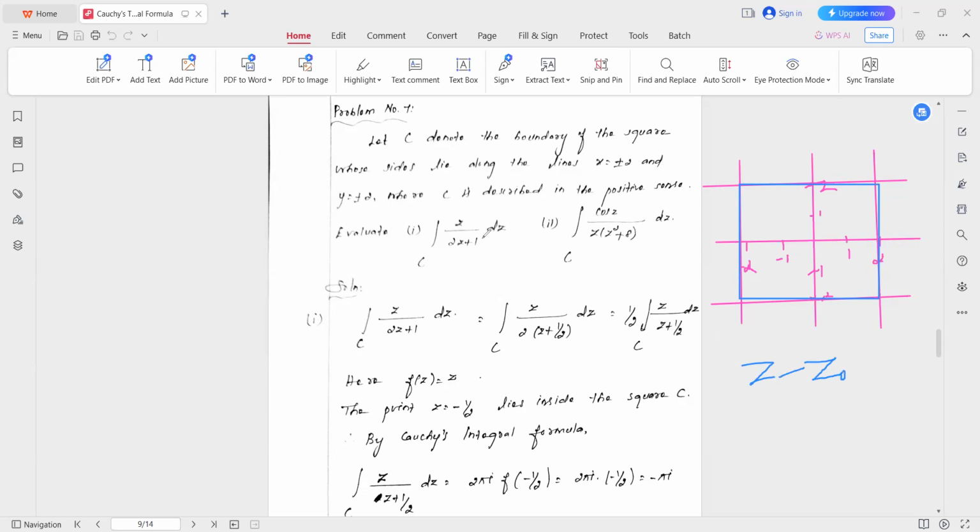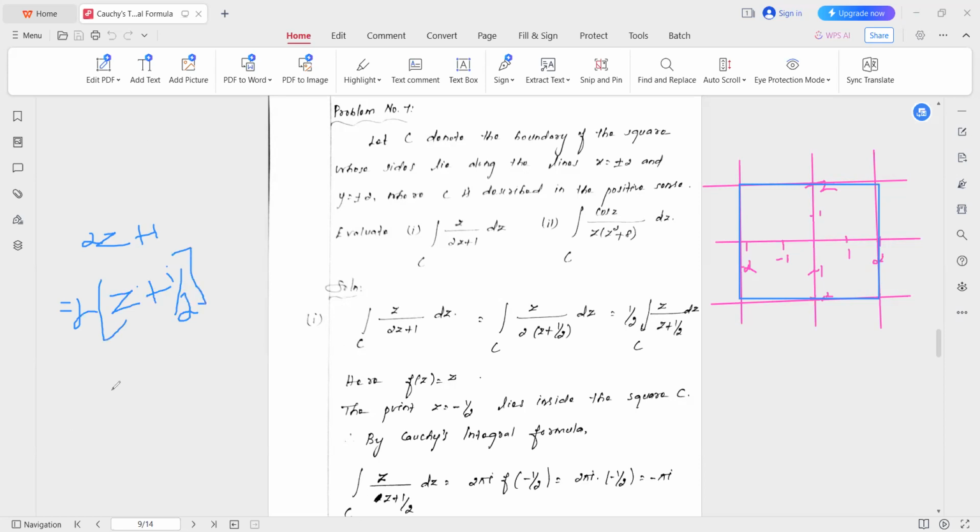But here we have 2z plus 1. So we are going to make this into that form. Taking 2 outside, what is the remaining thing we get? z plus 1 by 2.